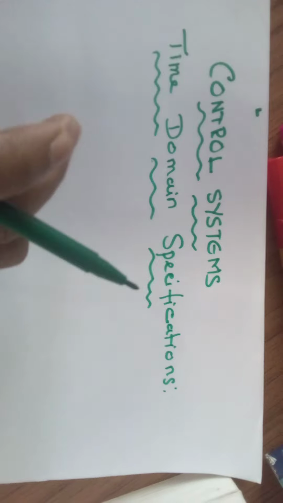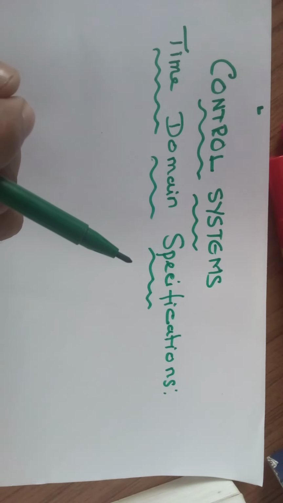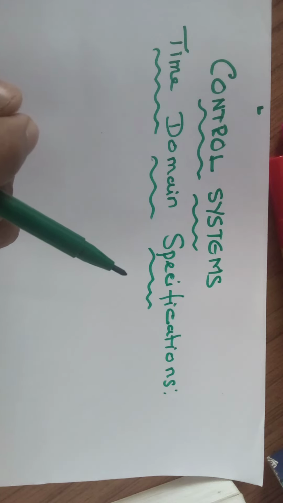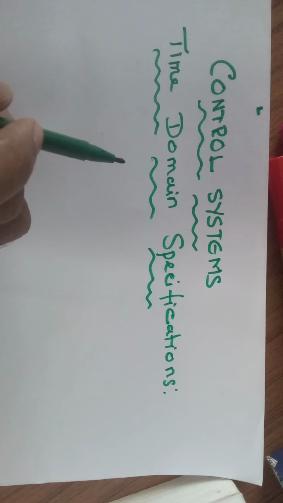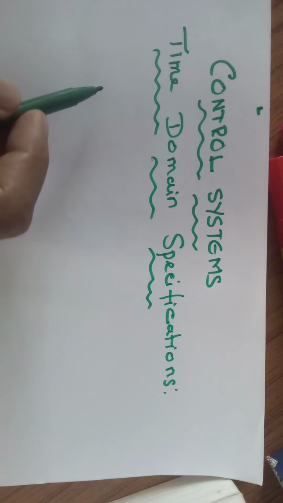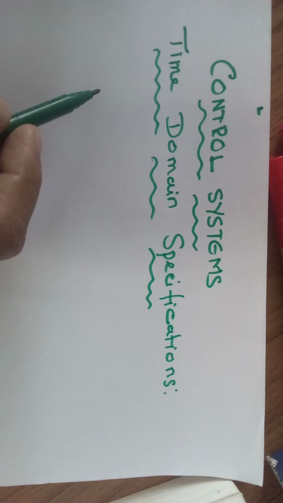Because of the disturbances, or the energy already stored in the energy storage elements, they produce some response, which is called the transient response. So the desired performance characteristics of a system of any order may be specified in terms of the transient response to a unit step input signal.